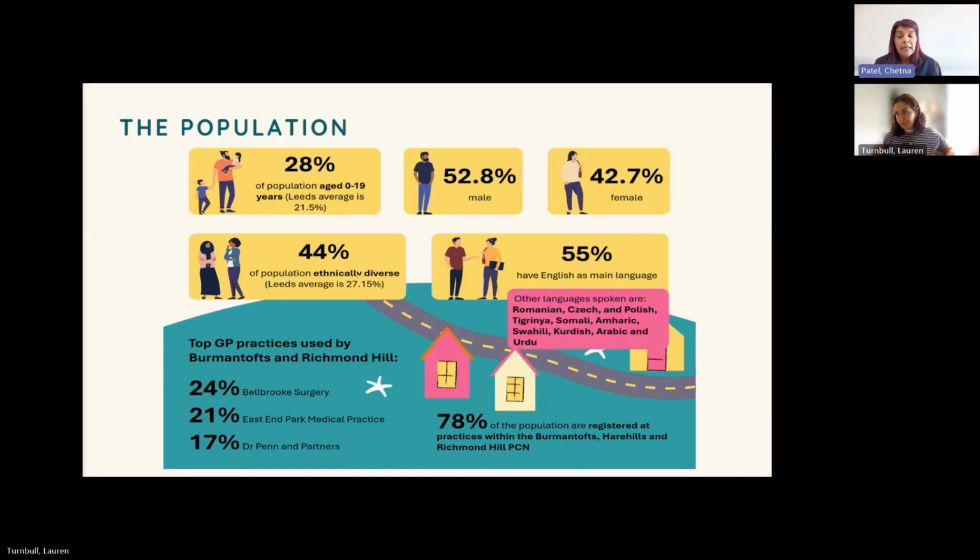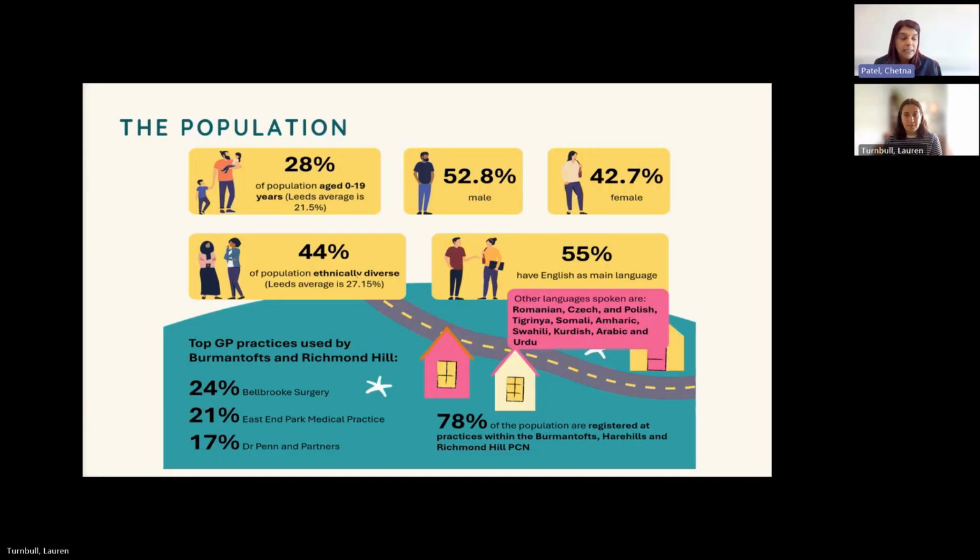A staggering 94% of people living in the neighbourhoods are ranked amongst the most deprived 10% in the country. So if we had 100 people on this call today, 94 of those people would be living in those most deprived areas. So it shows you how concentrated poverty and disadvantage is for this part of the city.